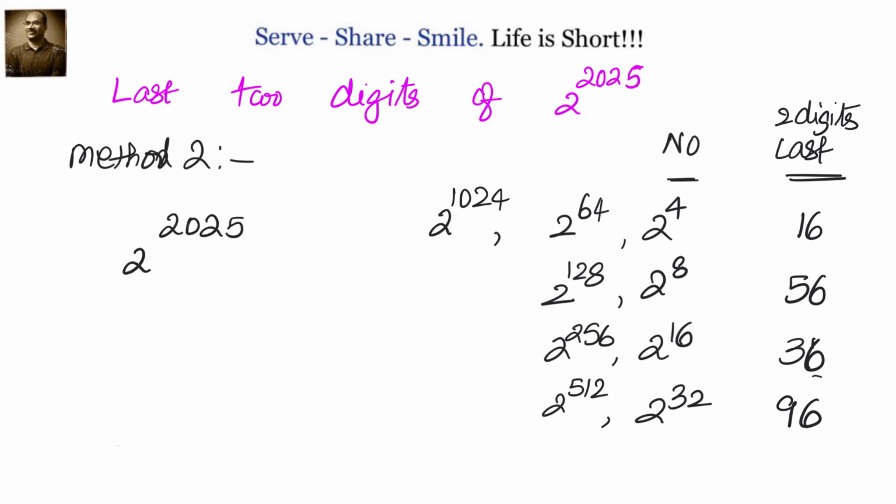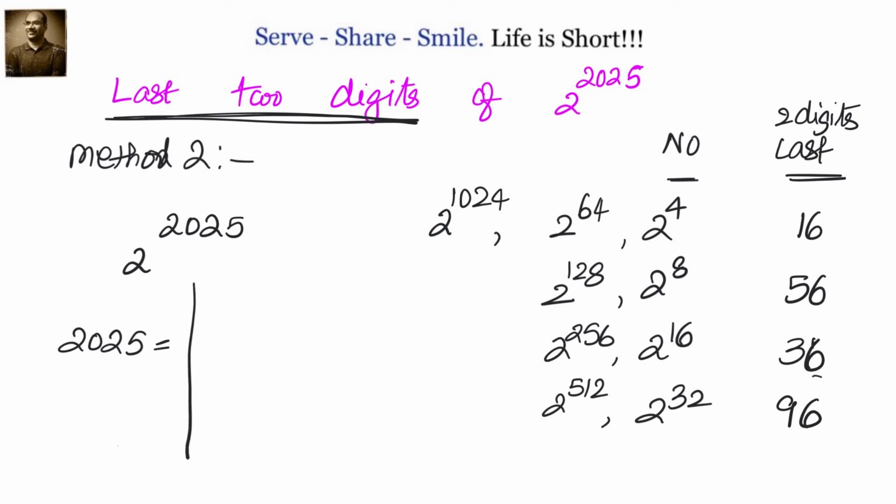Now we'll go to 2 power 2025. We will see how we can write 2025 to leverage the values we know here. We know 2 power 1024, 2 power 512, so why can't we leverage that? We'll write 2025 as a summation of all these numbers.